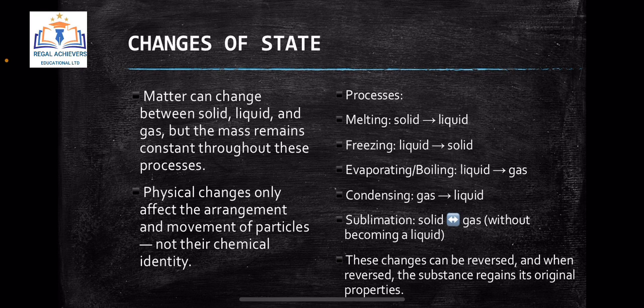The processes involved are: melting, when it changes from solid to liquid; freezing, from liquid to solid; evaporating or boiling, from liquid to gas; condensing, from gas to liquid; and sublimation, when it moves from solid to gas without becoming a liquid. It's important for you to also take note of examples of changes that undergo these processes. These changes can be reversed, and when reversed, the substance regains its original properties.